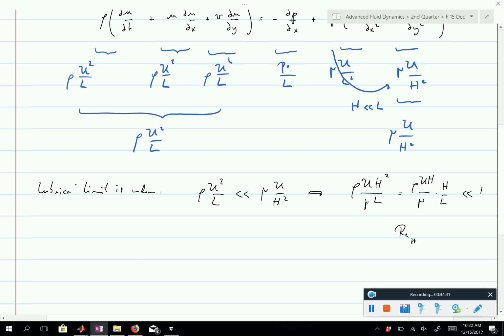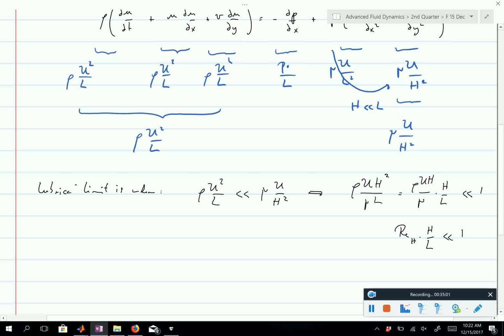You could define a Reynolds number based on the long length scale. Here we define a smaller number based on the smaller length scale, right? But just this Reynolds number being smaller than 1 is not enough. This number times h divided by L is going to be much less than 1.